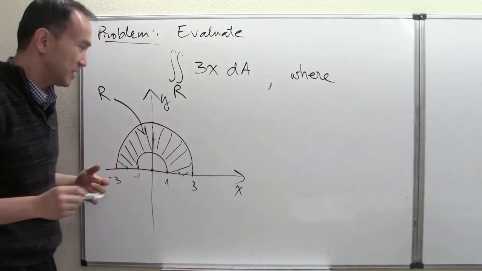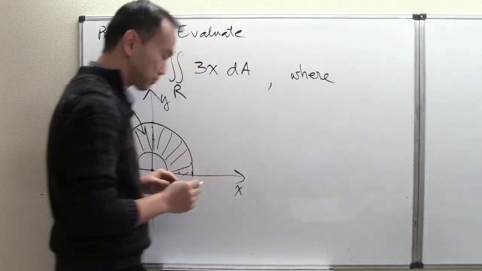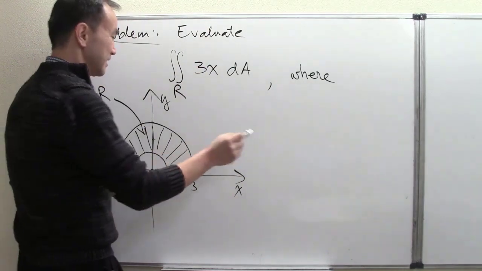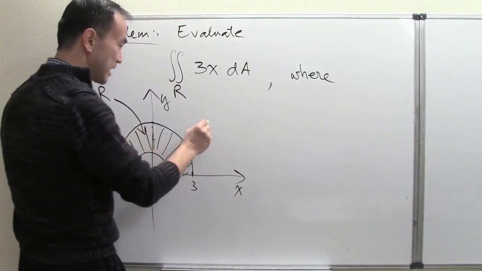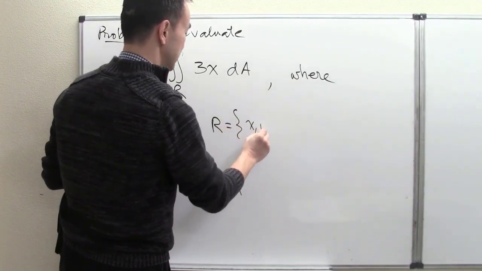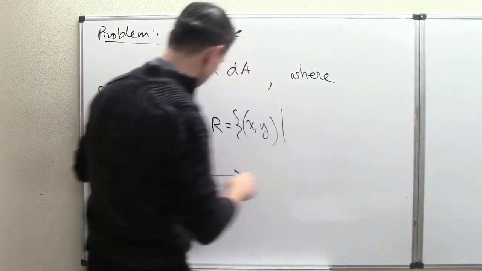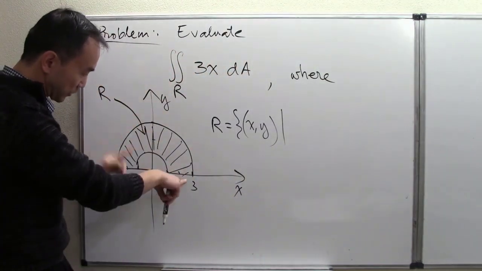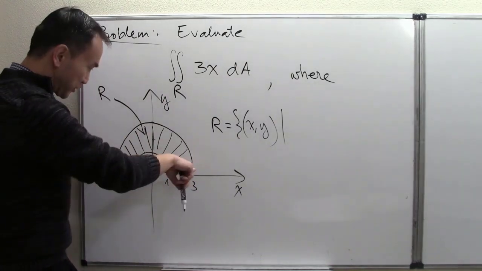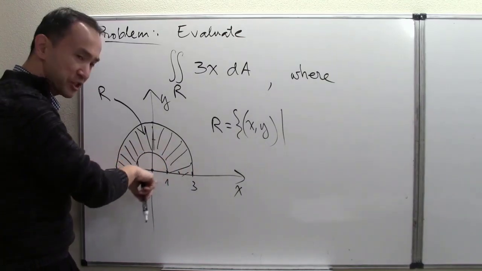There are many ways of writing the description of a region like this using algebra, one way being the most standard, in rectangular coordinates. If we're using the usual rectangular coordinates, then we write the following. The region R is the set of all x, y points such that you're inside the bigger circle, which has radius 3 from the center 0, 0, and outside of the smaller circle, so there's an empty, non-shaded part.